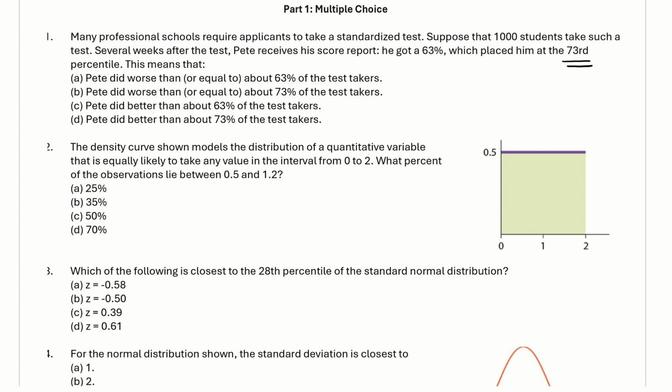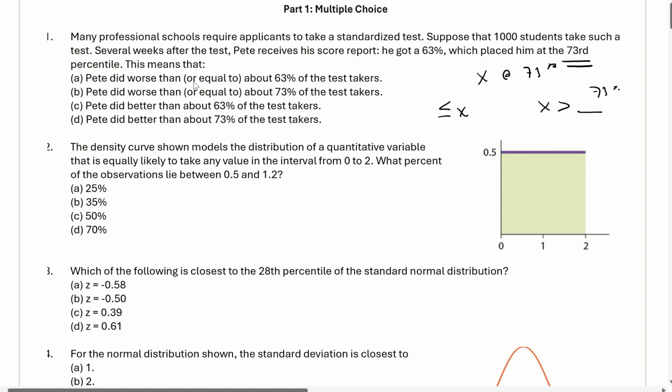So in other words, if X is at the 73rd percentile, then that means 73% of the data is less than or equal to X, or X is greater than 73% of the data, if that makes any sense.